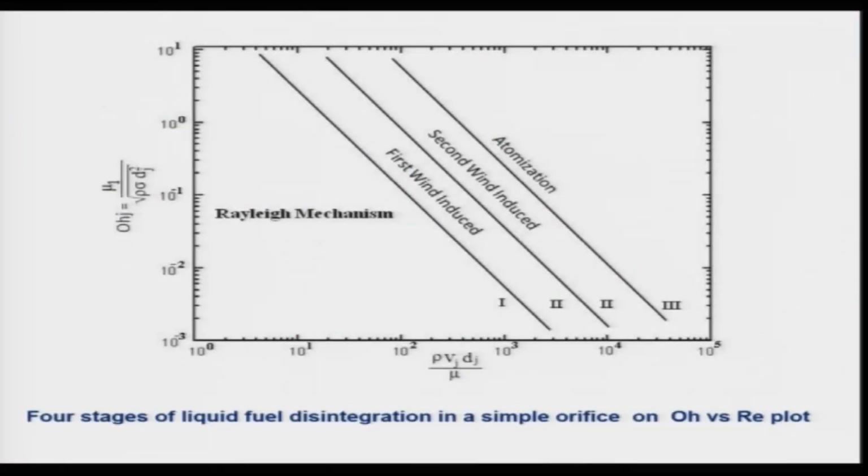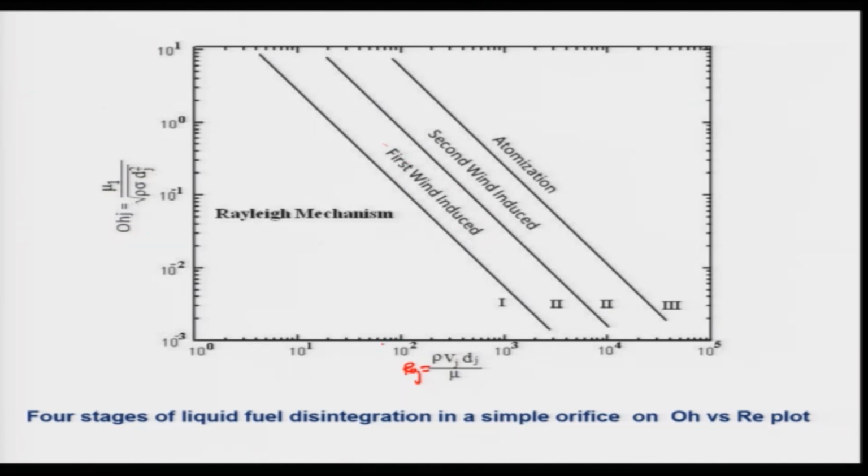So, let us look at how this is affected: here the Weber number and the Reynolds number are plotted. And you can see that the Rayleigh regime will be occurring here. That means, even if the Reynolds number is low, over a wider range of Weber number, the Rayleigh mechanism will be occurring, and of course, when the Reynolds number is a little higher, then the first wind induced regime will be occurring.